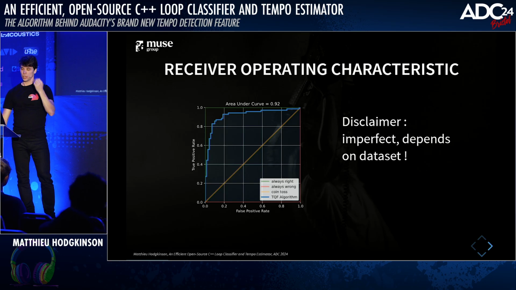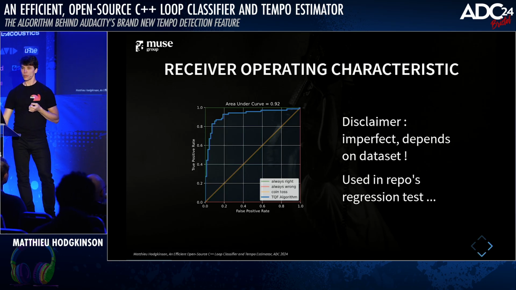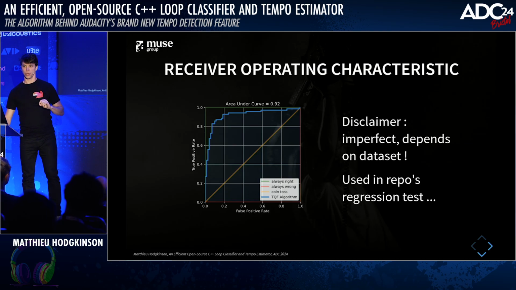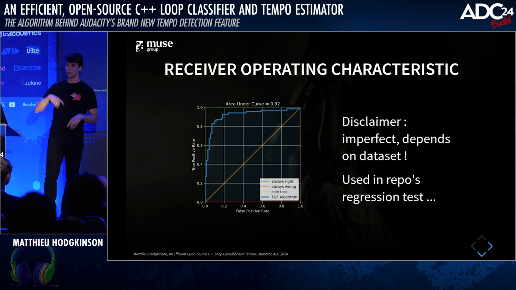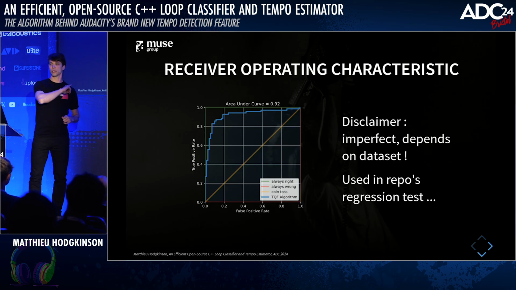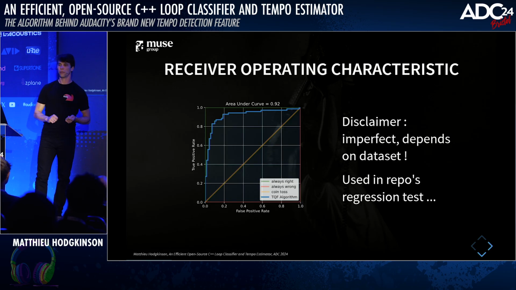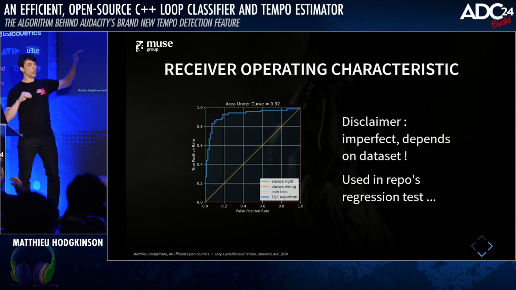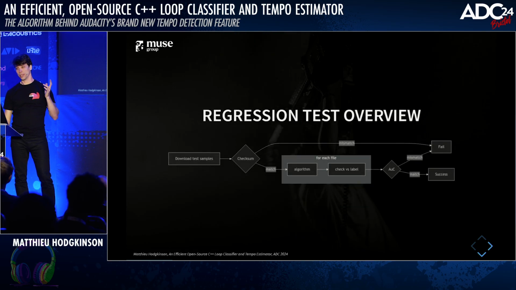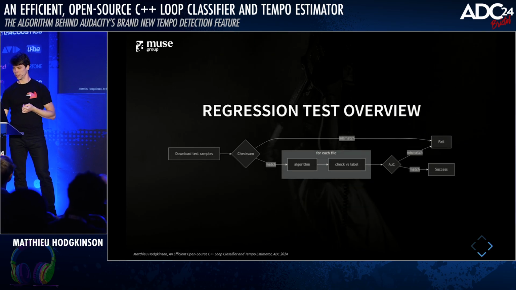So we are going to talk a little bit more about the choice of the data set in the following slide. But in the meantime, it's part of the regression test of the repo, so anyone who modifies the code and makes a pull request, this is going to be run to verify that the AUC is still the same, or that it has improved, but we will talk about this.